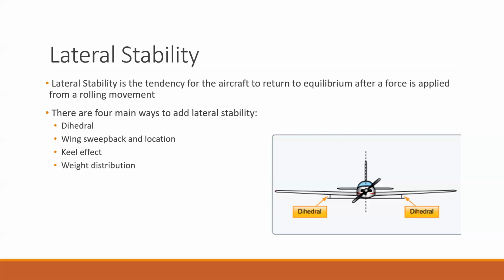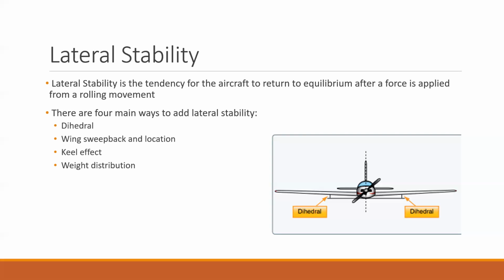One way is dihedral. Dihedral is basically the angle that we're adding to the wing to make it so that it's not flat. This is especially prominent in larger aircraft like Boeing 737s. If you look at them, their wings are not flat with the ground.